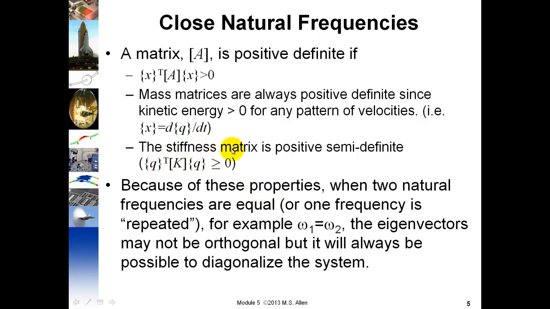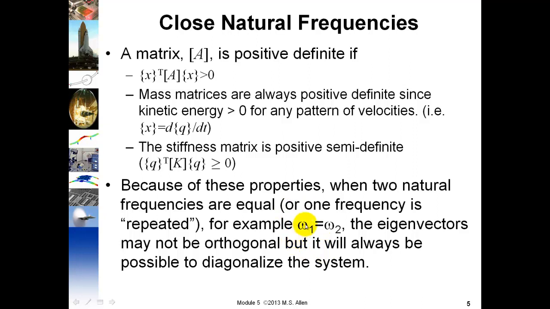Okay, but anyway, because of those properties, when a system with a mass and a stiffness matrix, such as we've used in this class, has two natural frequencies that happen to be equal, or sometimes we say that the natural frequency is repeated, the computer, or whatever process we use to get the eigenvectors, might give us two eigenvectors that are not orthogonal, because in this case there's kind of an ambiguity about what the eigenvector should even be.